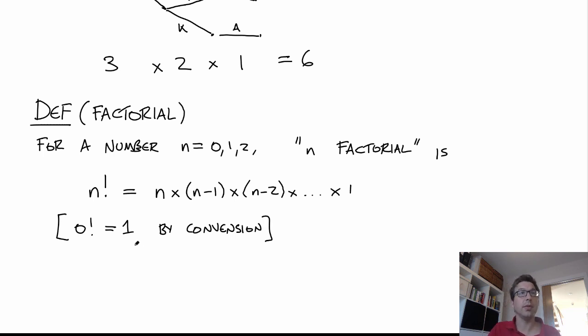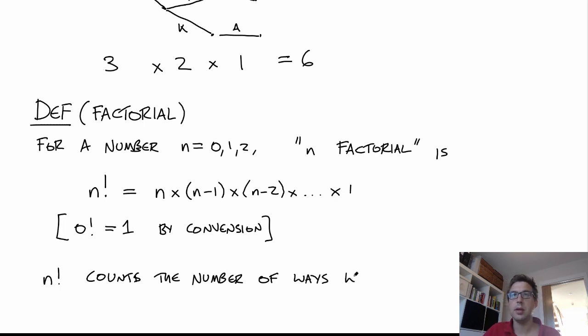The story we're trying to tell now is that what n factorial is really doing is counting. n factorial counts the number of ways we can order a set of n items or n elements.